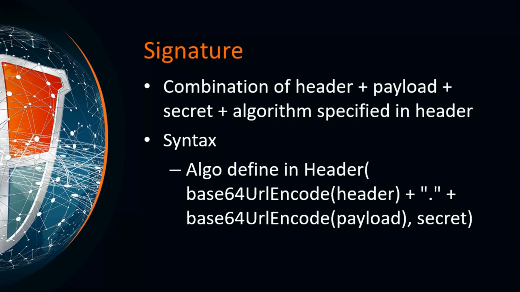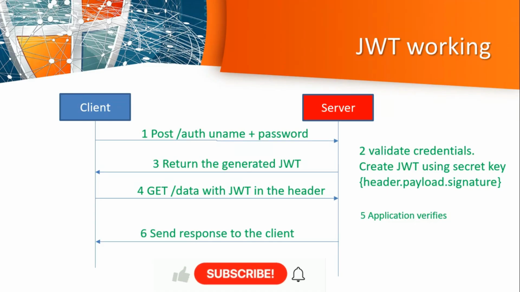The signature is a combination of header, payload, secret, and the algorithm that is specified in the header information. So as you can see in the syntax, the algorithm defined in the header, in brackets Base64 URL encode the header, plus dot operator, and Base64 URL encode the payload, comma, secret. So this is the syntax of the signature.